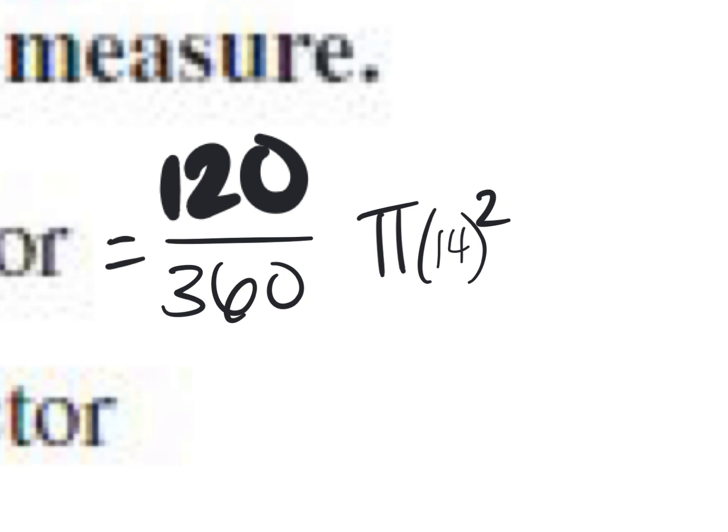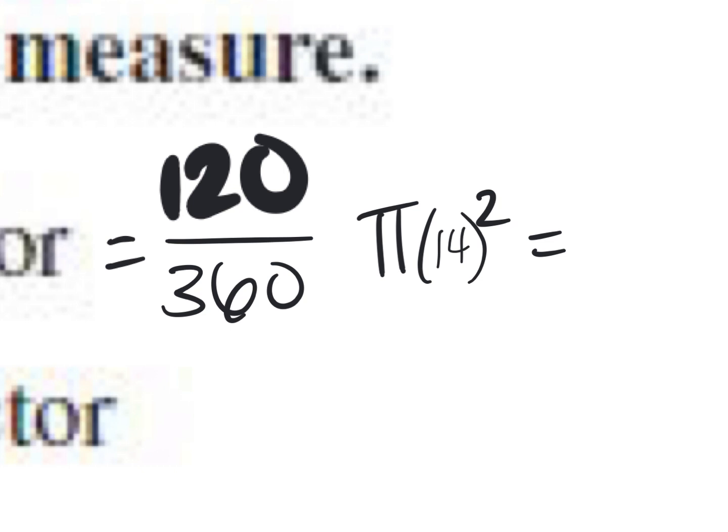What do I evaluate first here, guys? What comes first in the order of operations? 14 squared. So do 14 squared. Inside the parentheses, when it says P for parentheses, it's talking about inside the parentheses, is there anything to evaluate? What was the only thing inside the parentheses? 14. Is there anything to do there? No, not really, right?